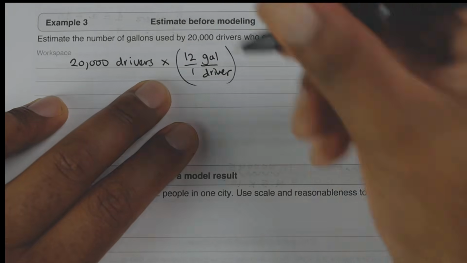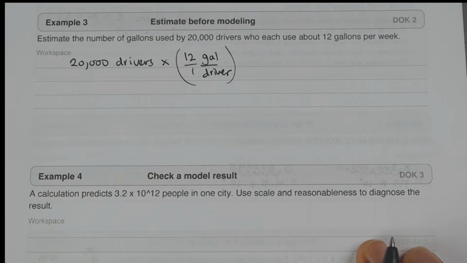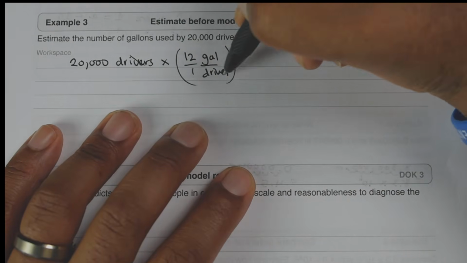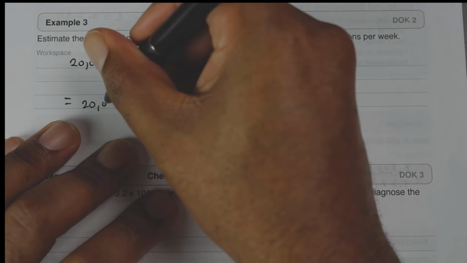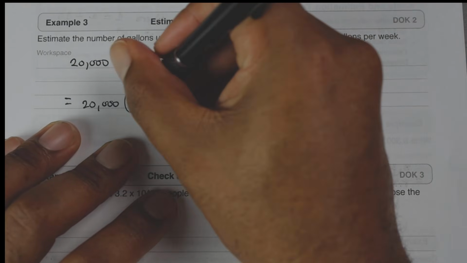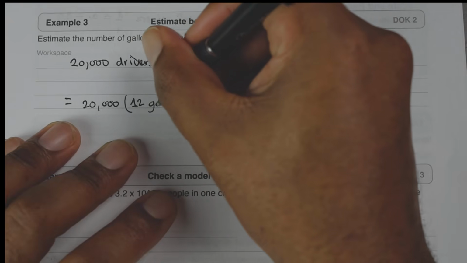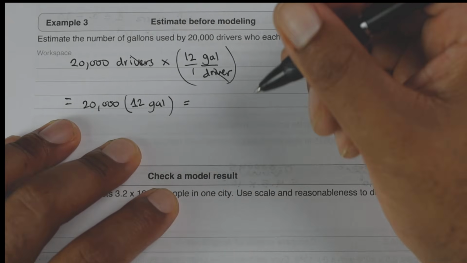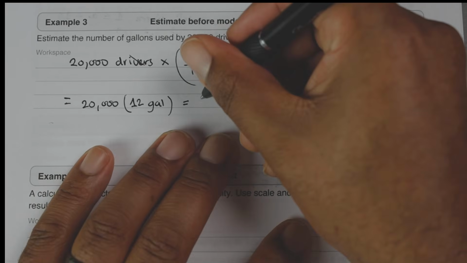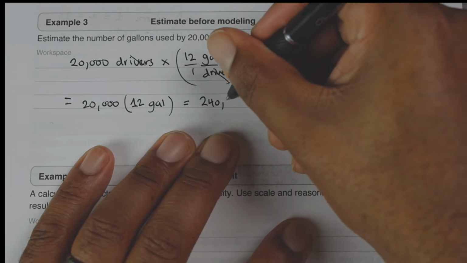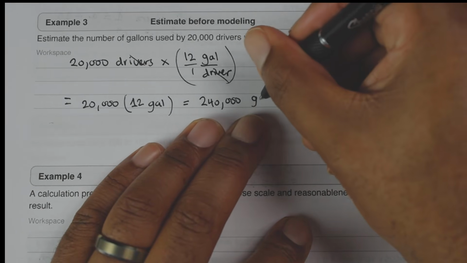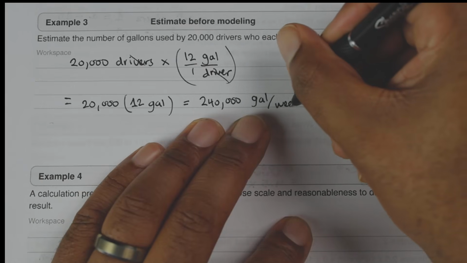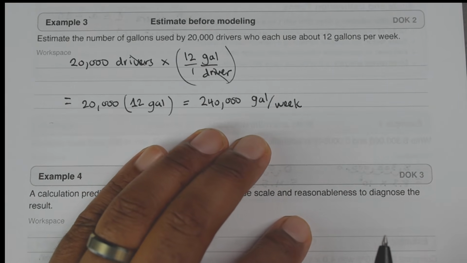There's that unit rate again. So the unit drivers cancel, and we're left with 20,000 multiplied by 12 gallons, and that's going to give us 240,000 gallons a week, right?